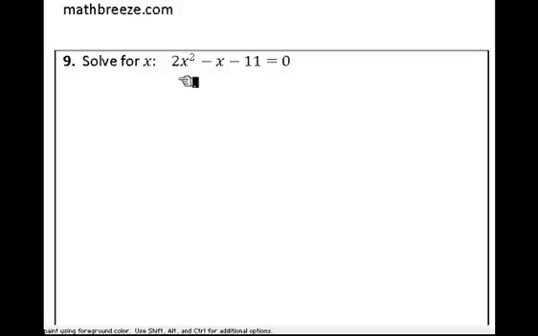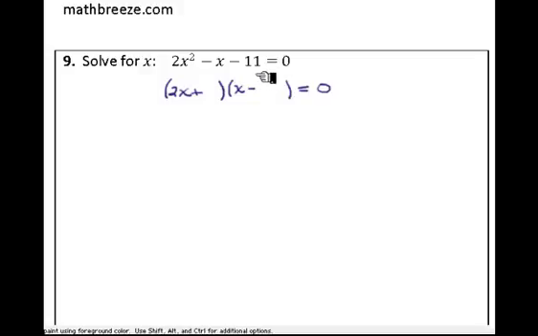Okay, here's the last problem in our review on quadratic equations. We want to solve this quadratic equation, so the first method we'll try is factoring. Notice it's already in standard form. All right, 2x squared, so here we'll put a 2x and an x. And our signs are different.